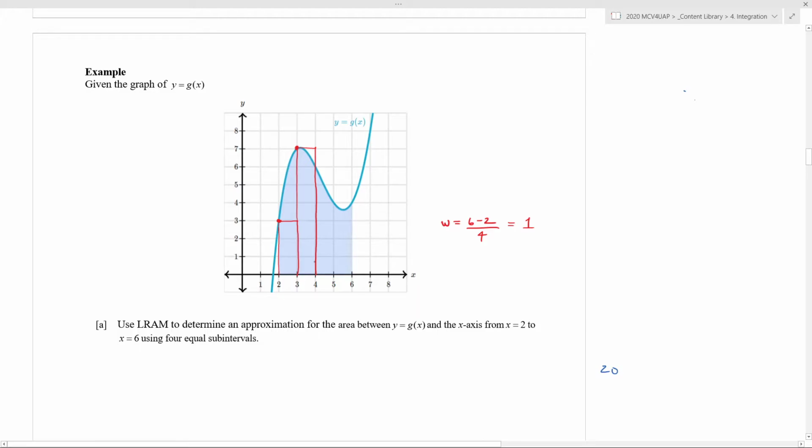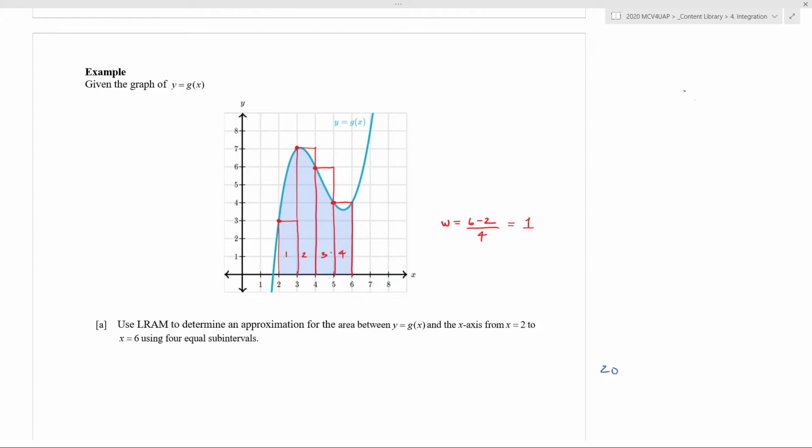The third rectangle, I go up and the left corner needs to be on the graph, so that would be there. Extend it down. Now I have my third rectangle. And my fourth rectangle would be here. Again, the left top corner is on the graph. We've got 1, 2, 3, 4 rectangles, all with the width of 1.